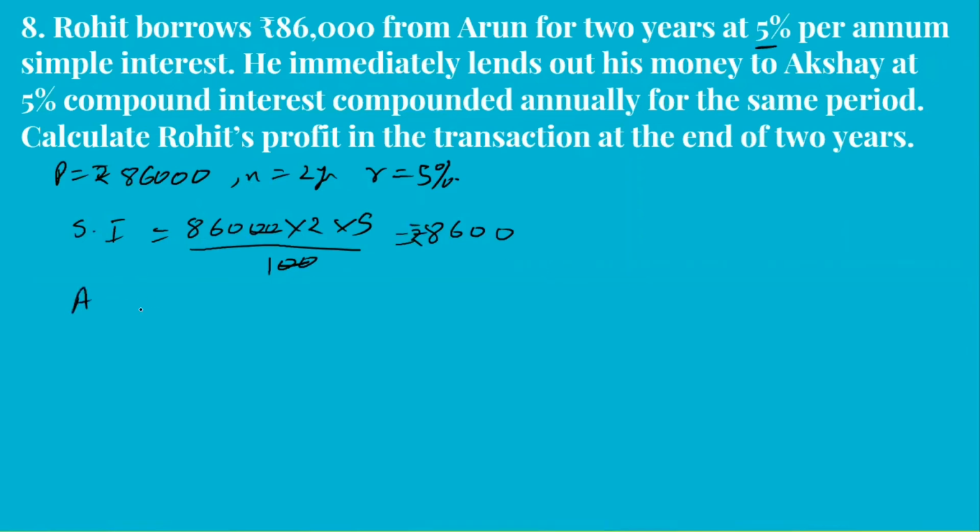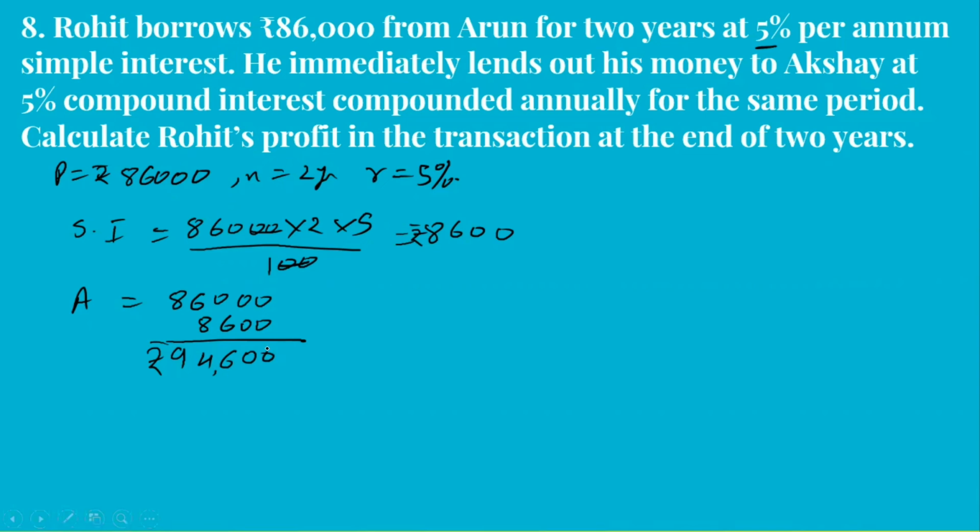So the amount that he has to pay is going to be principal plus interest, which is 86,000 plus 8,600. So which is 8 plus 6, 14, carry 1, 94. This is 94,600 is the amount that Rohit has borrowed from Arun. So Rohit has to pay to Arun the amount that is 94,600.